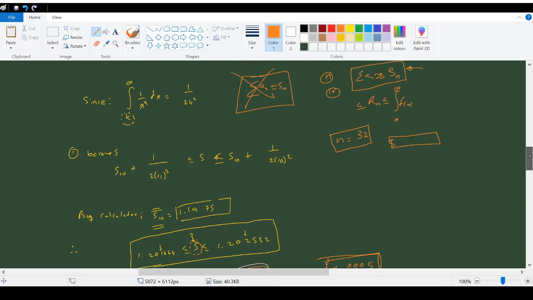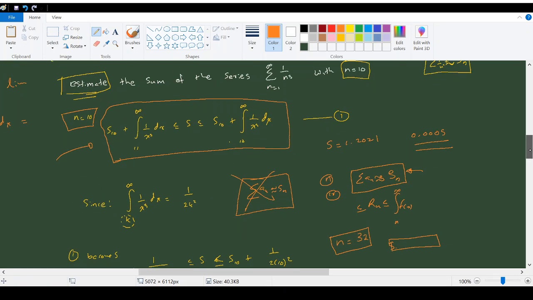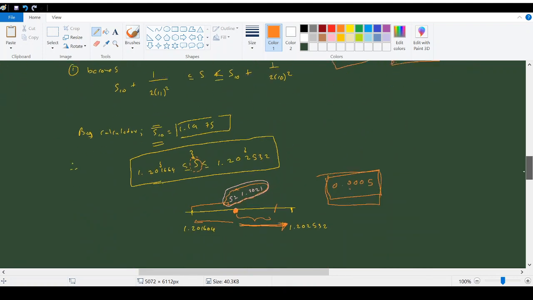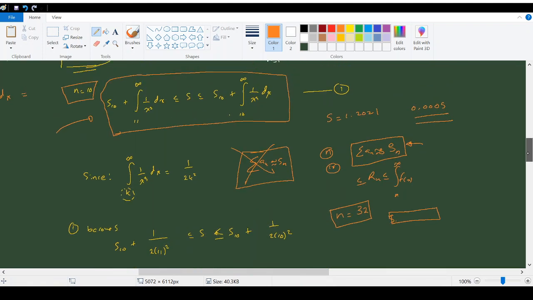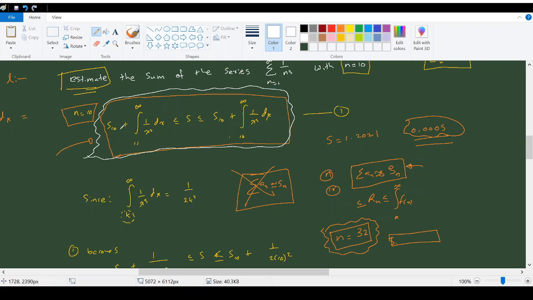So basically, by just using 10 terms, we were able to obtain the same accuracy as we got using 32 terms in the previous case, right? So that's why we consider this inequality as a better way of determining the value of a series, right?